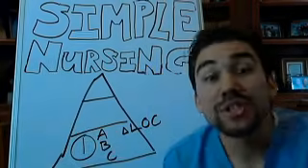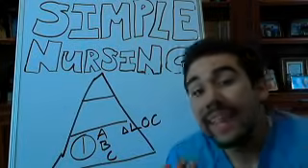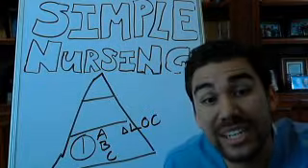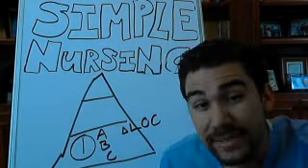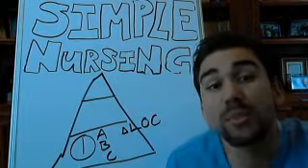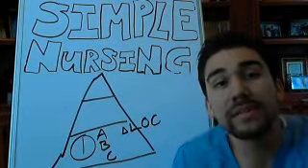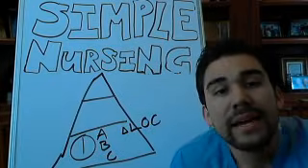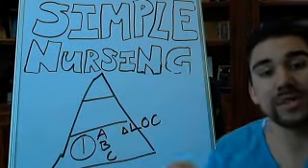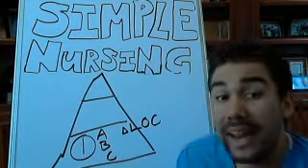I had to learn real quick that ABCs was not the whole prioritization with every single client. Obviously, anyone who does have an airway, breathing, or circulation issue comes first in terms of priority. But what if you have 3 patients that don't have those type of issues? Well, we're going to talk about that right now.